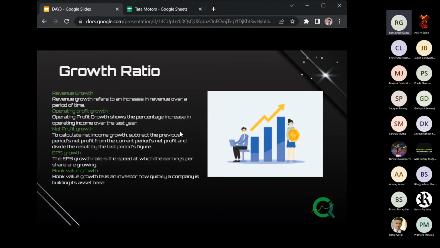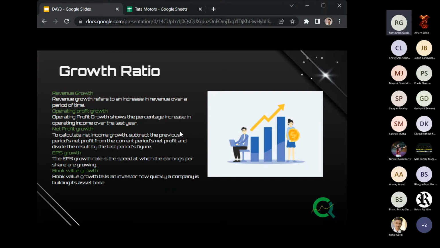Then there is growth ratio. Growth ratio basically tells you how well the company is growing. The first is revenue growth, which is very straightforward: the delta money generated divided by the money of the previous year. Then there is operating profit growth, the same thing, how much growth there is in the operating profit and the net profit, like we covered last time.